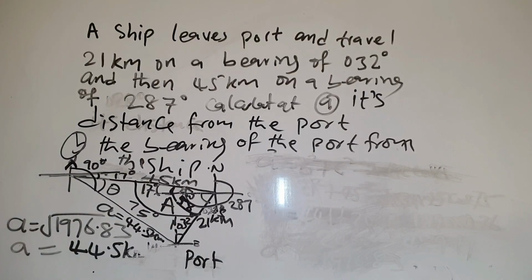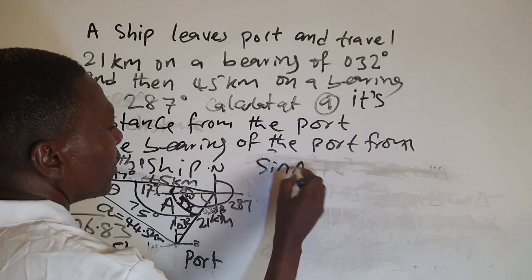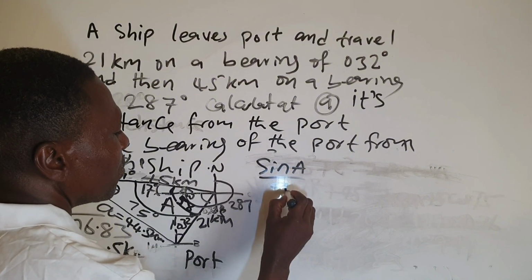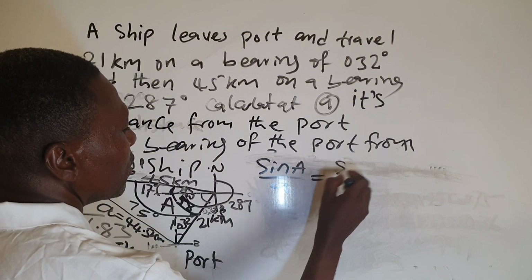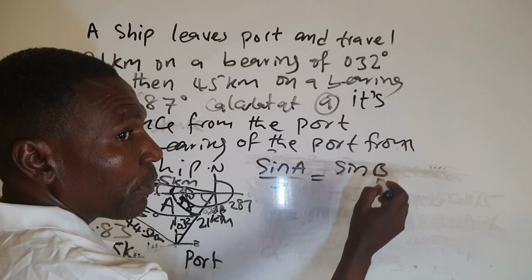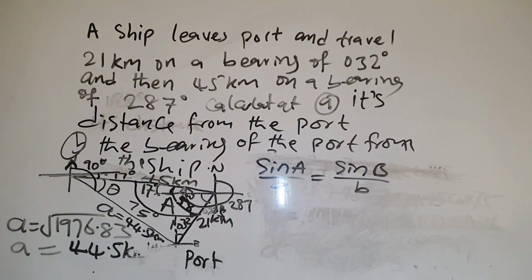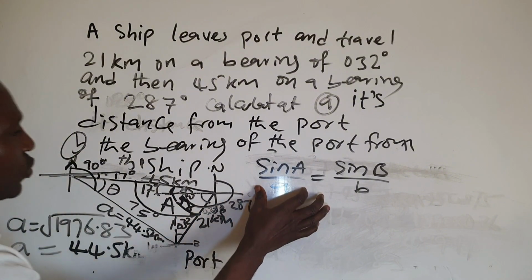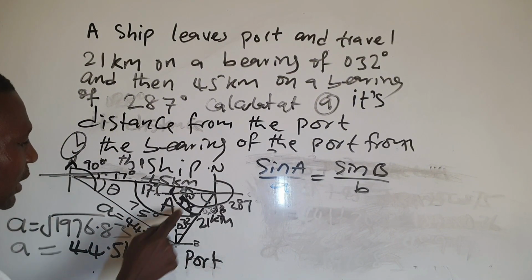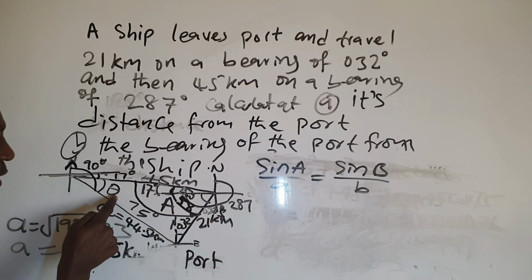We can get it from sine rule. Sine A over small a equals to sine B over small b. So the one we want to use now is this line and the angle opposite it, and also this line and the angle opposite it.